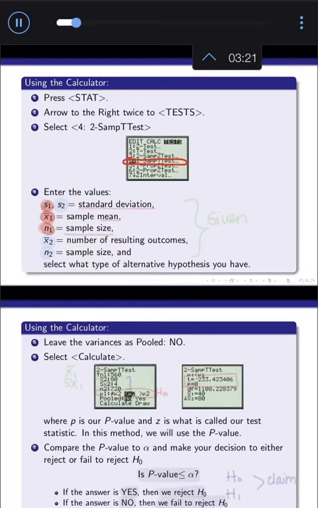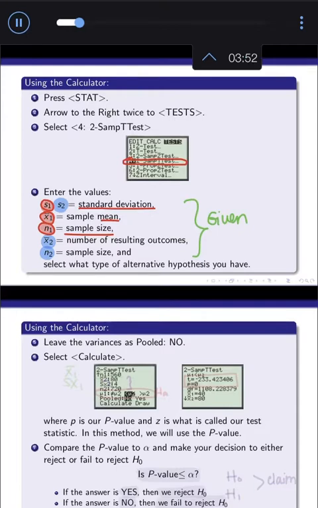So again, we'll have the sample mean, the sample size, and the sample standard deviation. One set of information. And then we're going to also have a second set, because remember, we are going to have two samples of data. So we'll have a second sample mean, a second sample size, and a second standard deviation. All of this information has to be given in the problem.